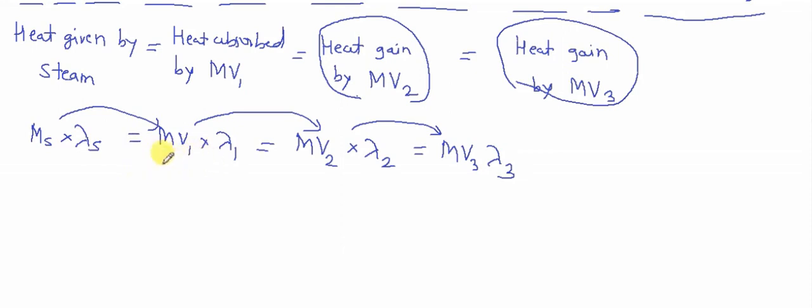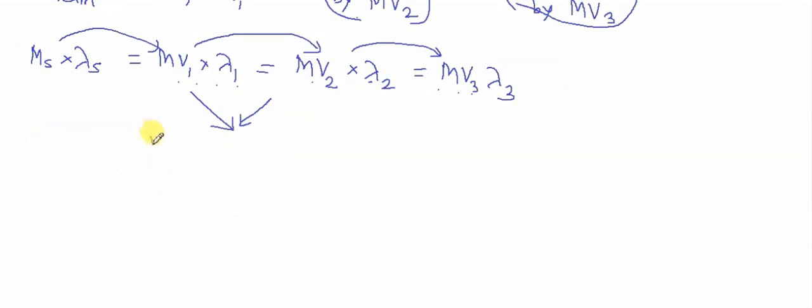Now here we get mV1 into lambda 1 is equal to mV2 into lambda 2, and that is equal to mV3 into lambda 3. Now please concentrate on these two. From this you will get that mV2 is equal to mV1 lambda 1 divided by lambda 2.